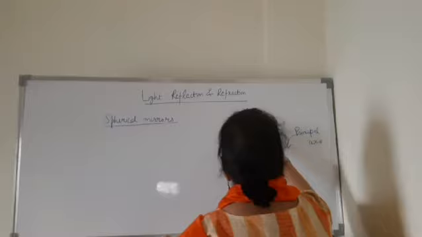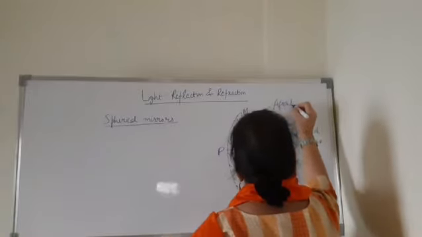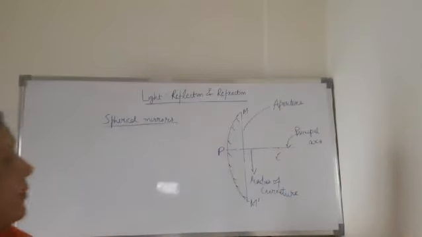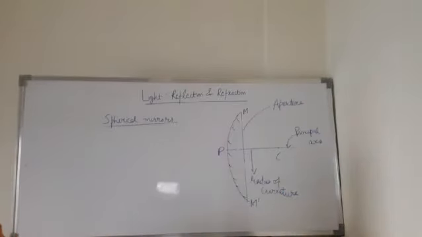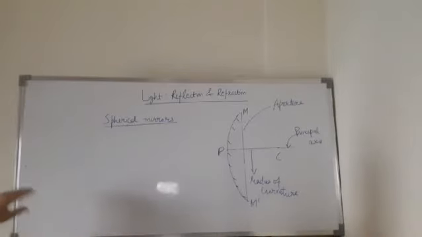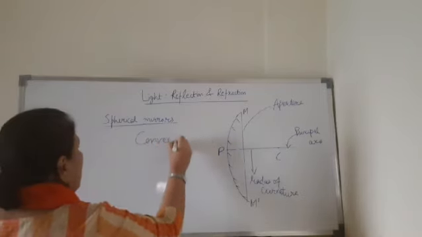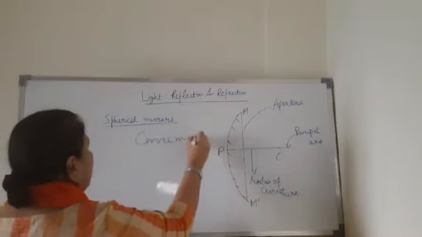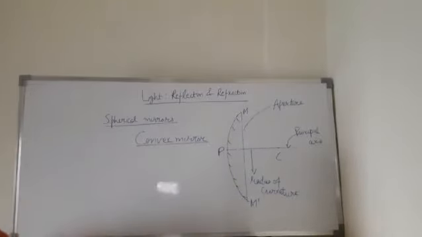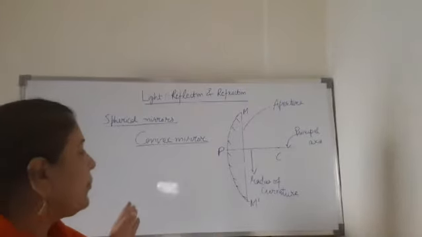So this is called the aperture of the mirror. So we have all these things here which is pertaining to convex mirror. So all the terms related to convex mirror is here.